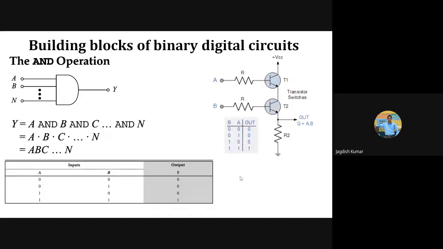This type of circuits to analyze the operation of digital circuits, or to get the operation of digital circuits on the basis of transistors in the circuit, is called transistor logic. I mean, TTL. We will be doing it in the coming classes as well.